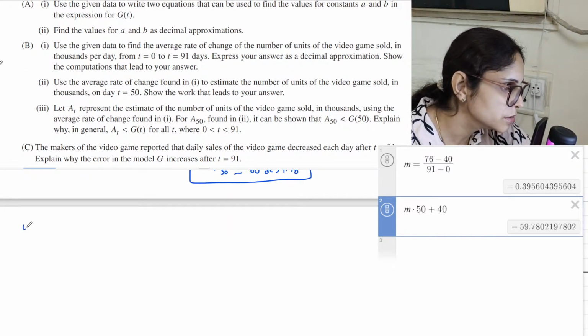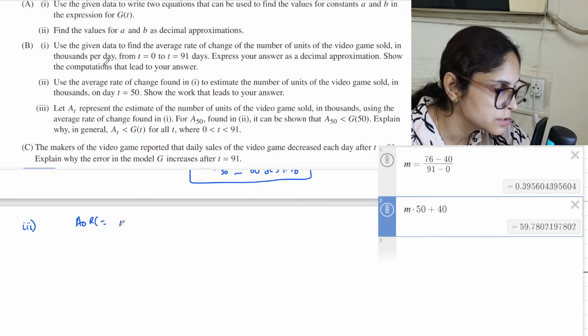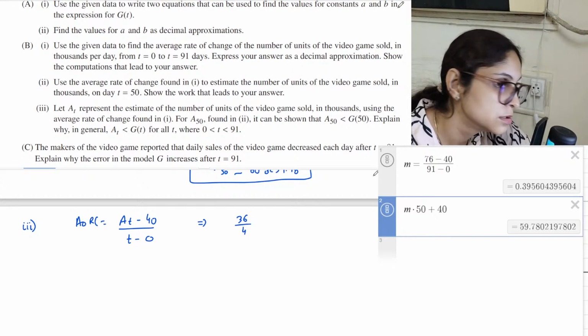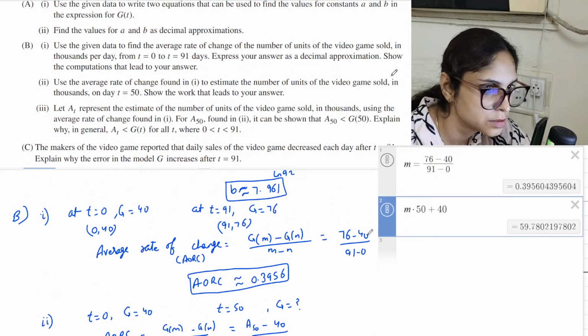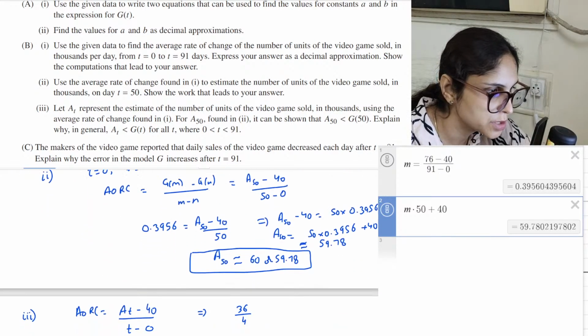So the reason for the third one is, like I told you, the AROC is going to be A(T) minus 40 over T minus 0. So 36 over 91 is your AROC.